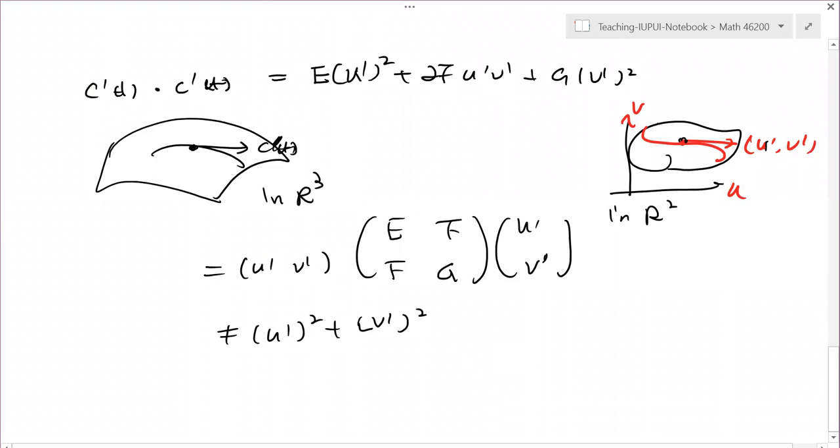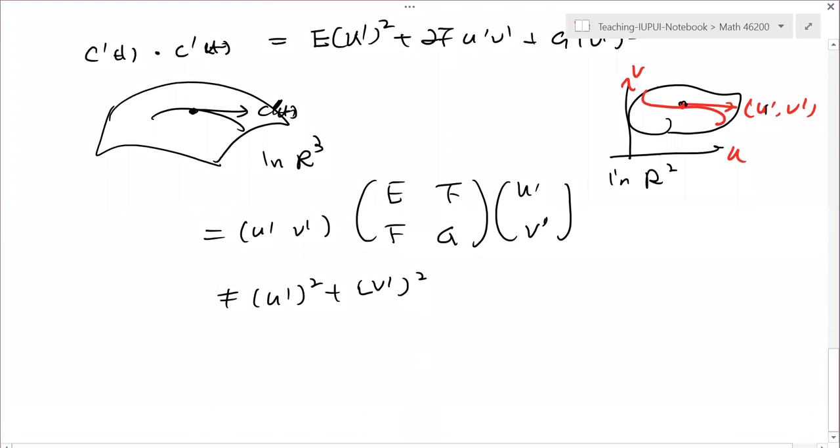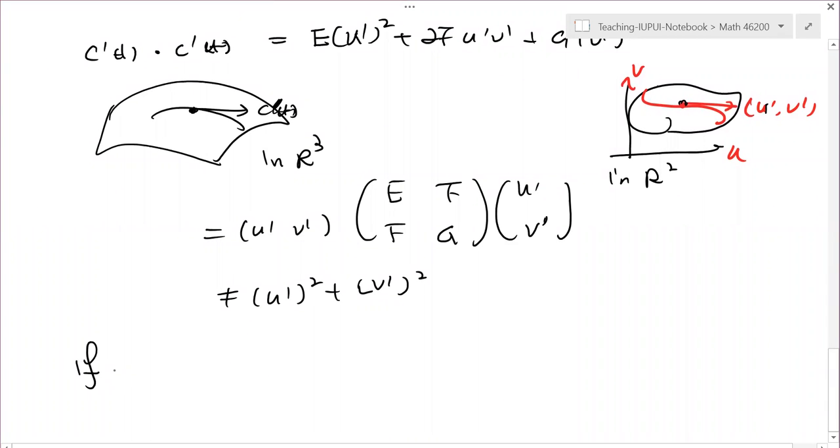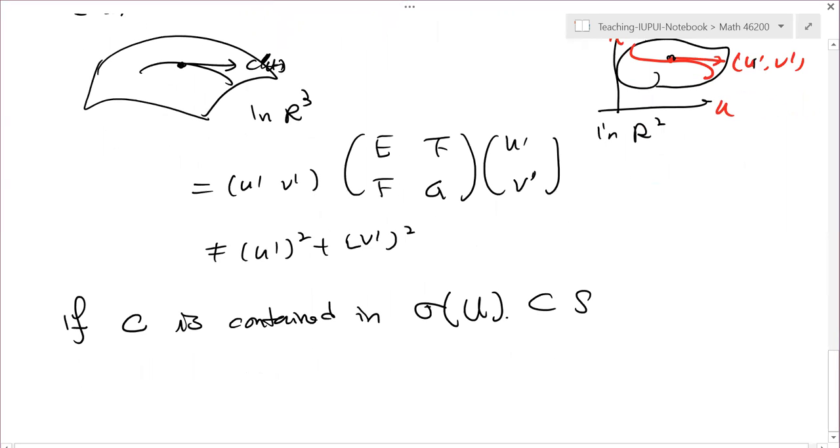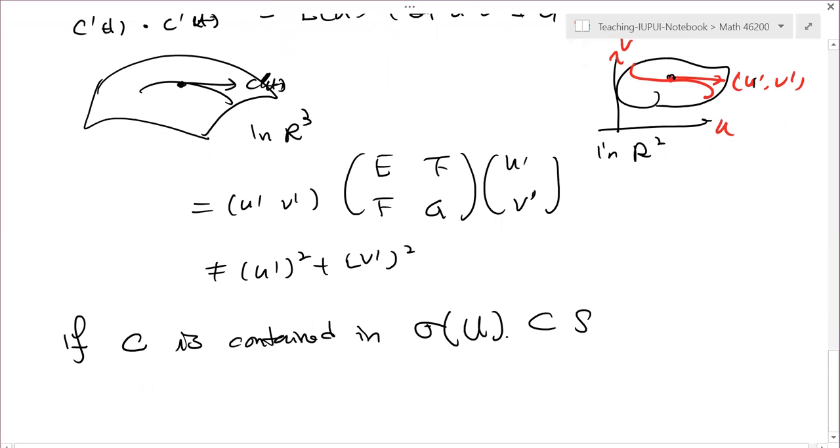In case c is completely contained in this domain, on the surface, then you can just use this single one.